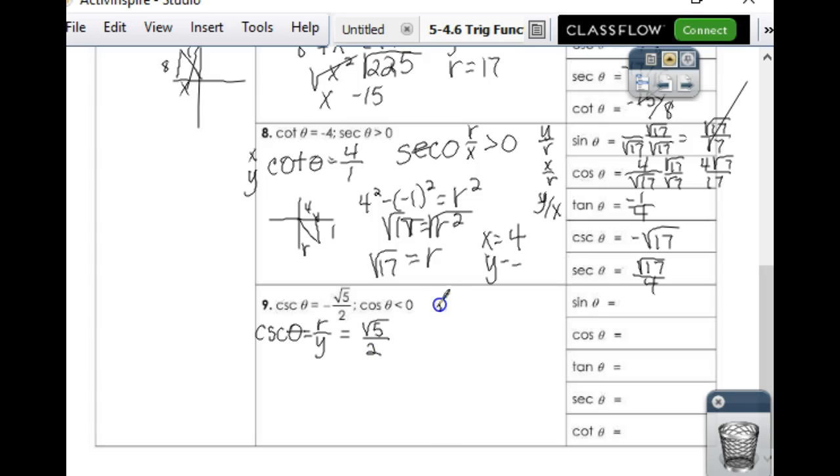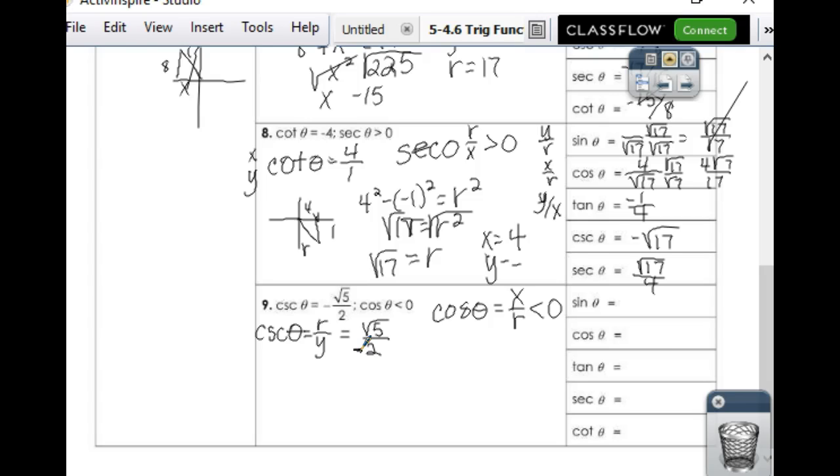But my cosine of theta, and the cosine of theta is x over r, it has to be less than 0. So I have r over y, and so what do I know about r? It has to be positive. So where does the negative have to go? So the y is negative.